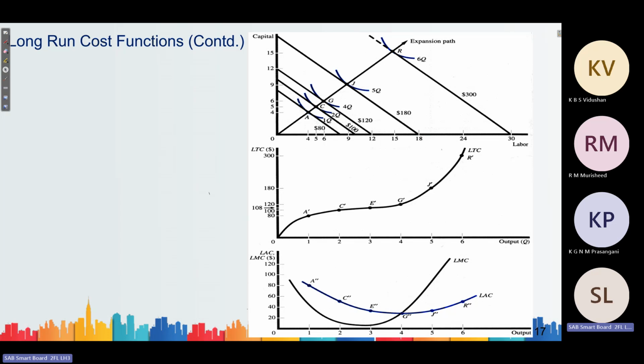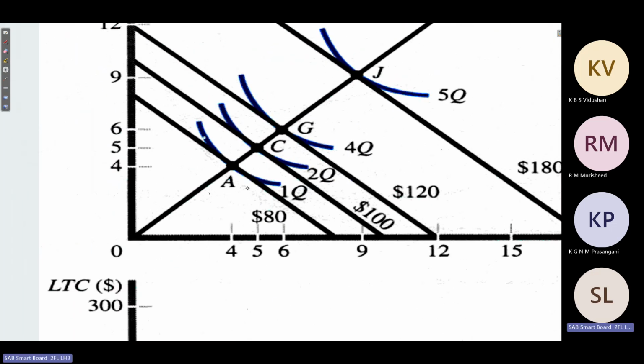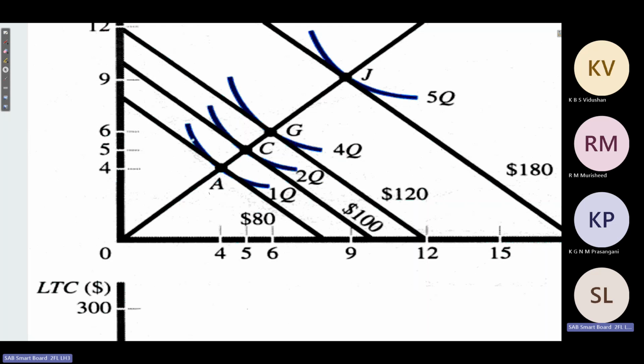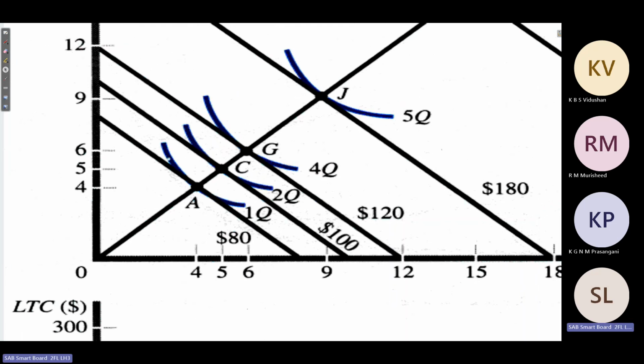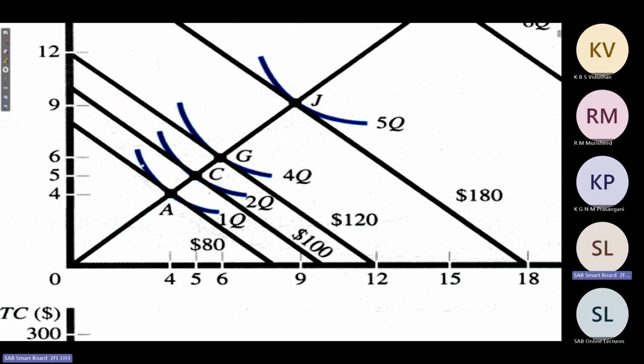different output levels. For example, here Q1 shows one quantity, Q2 shows two quantities, Q3 shows 4 units, and Q5 shows the next quantity level.